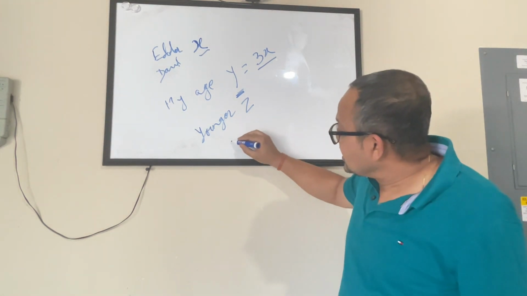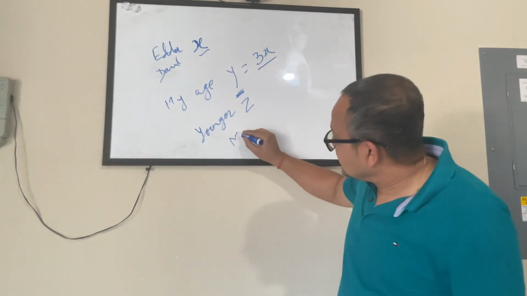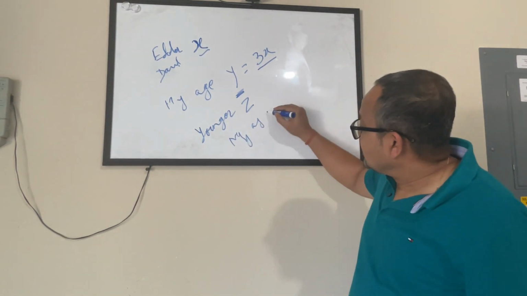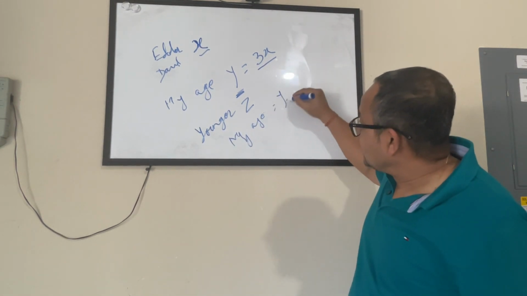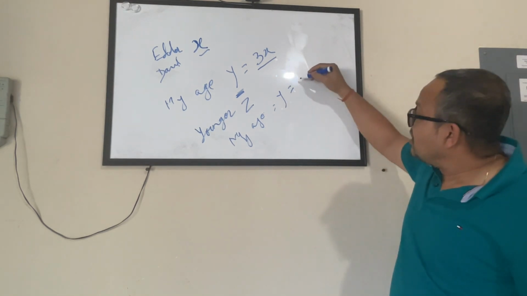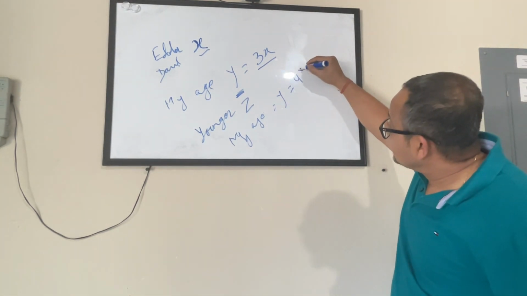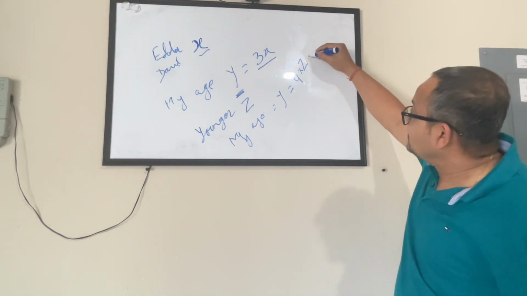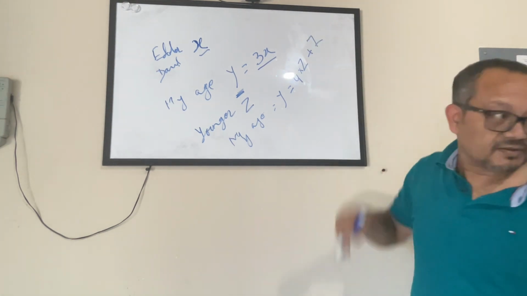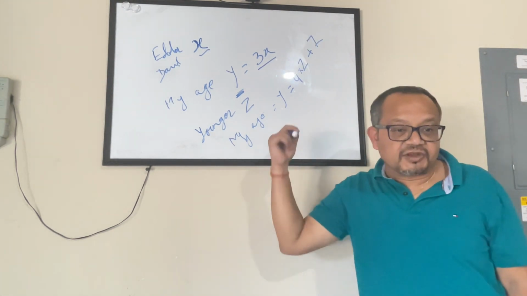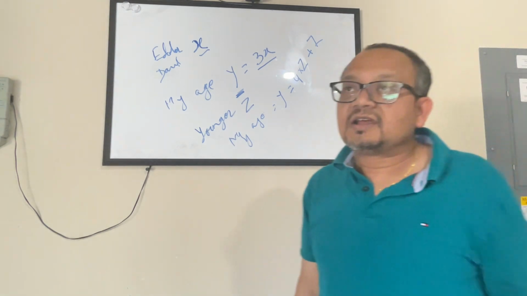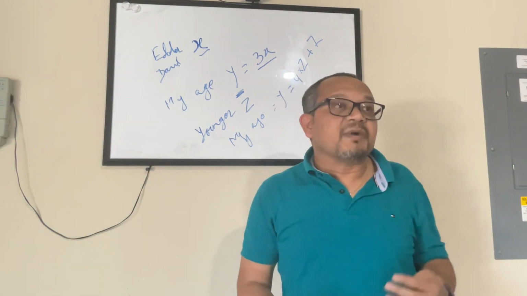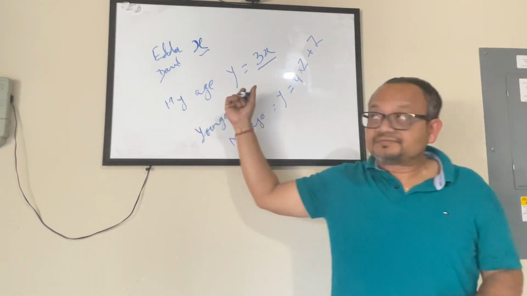So I'm saying my age, which is Y, equals 4 times the age of my younger daughter plus 7, that is, Y = 4Z + 7. This is the second equation, or second relationship, between my age and my daughter's age. Okay?